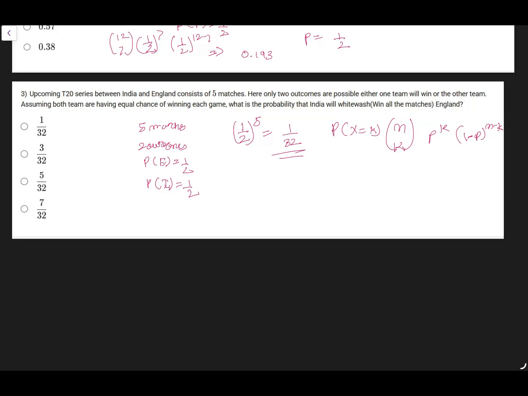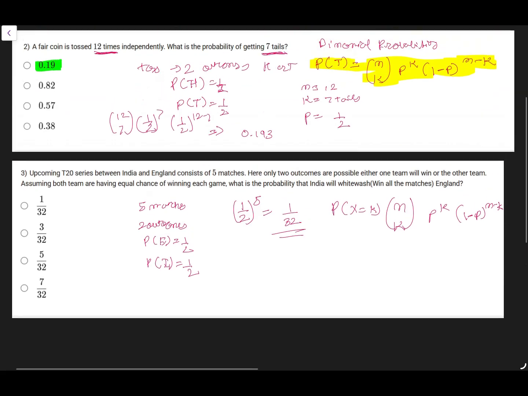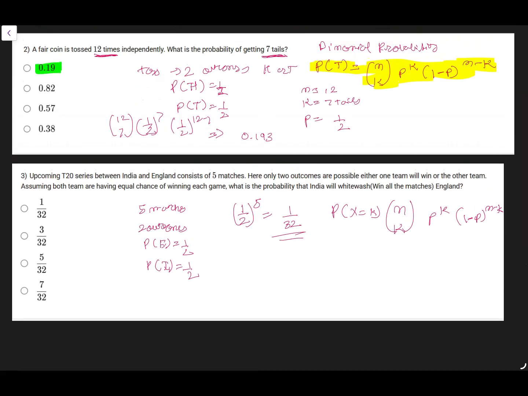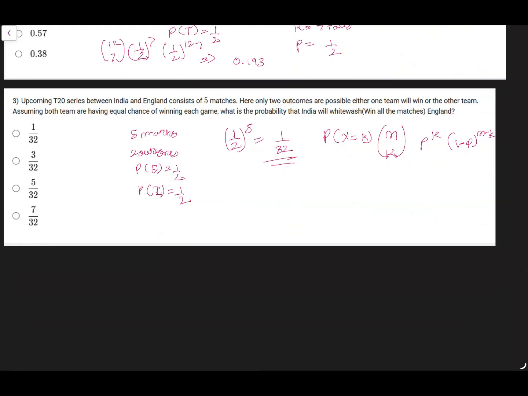By the way, n choose k is basically your factorial. So 12 choose 7 is 12 factorial over 7 factorial times 12 minus 7 factorial. I hope this makes sense. You already know, so that's why I didn't explain it in the last problem. In this problem, n is 5 matches. k here is 5 again, because we want the outcome for 5 events where India won.